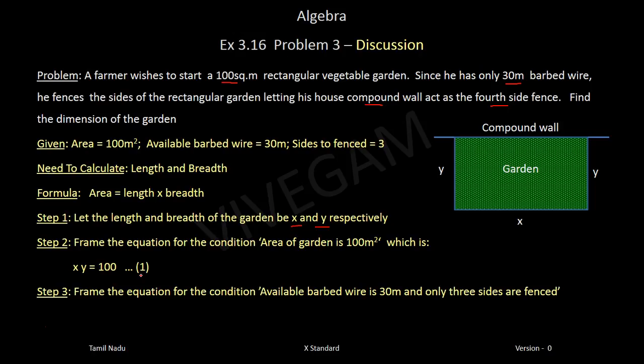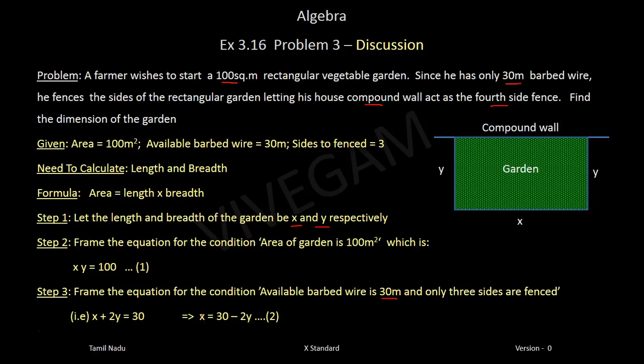Next, frame the equation for the second condition. Available barbed wire is 30 meters and only 3 sides are fenced. As per the figure, the barbed wire is along this breadth, this length and this breadth. So the barbed wire length will be x plus 2y. So x plus 2y will be equal to 30 meters because only 30 meters is available. Am I right? So x plus 2y equal to 30, or x equal to 30 minus 2y.